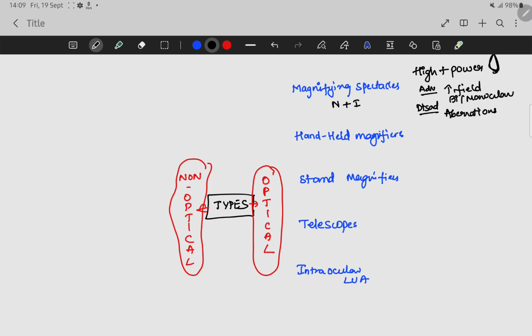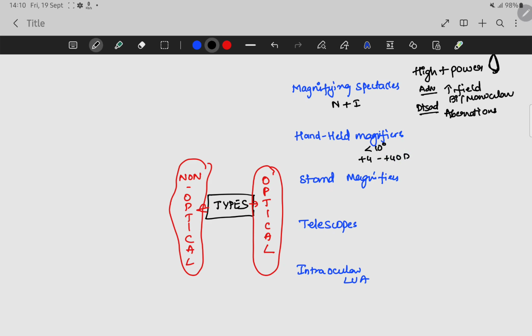Now coming to handheld magnifiers. Here, when there is very little vision left, that is, less than 10 degrees of visual field is left, we have plus 4 to plus 40 diopters of power.